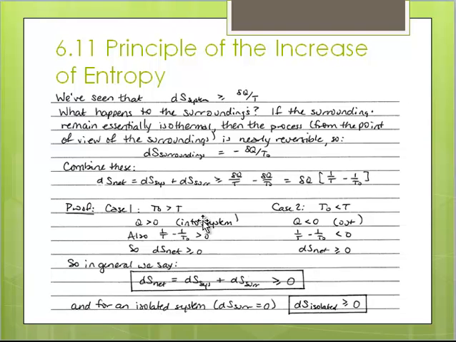I have case 1 where heat is going into the system from the environment, meaning T0 is larger, or I have the case where the T of the surroundings is smaller, meaning that the heat is going from the system into the surroundings. And either way, when you play with the numbers and look at the signs, I end up with the net entropy change being positive. So always the total entropy change is larger.